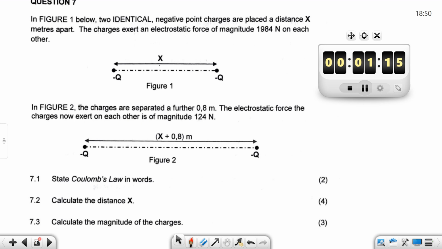Are you lost, or are you following? BB says almost there. Or are you lost or almost there? Okay.